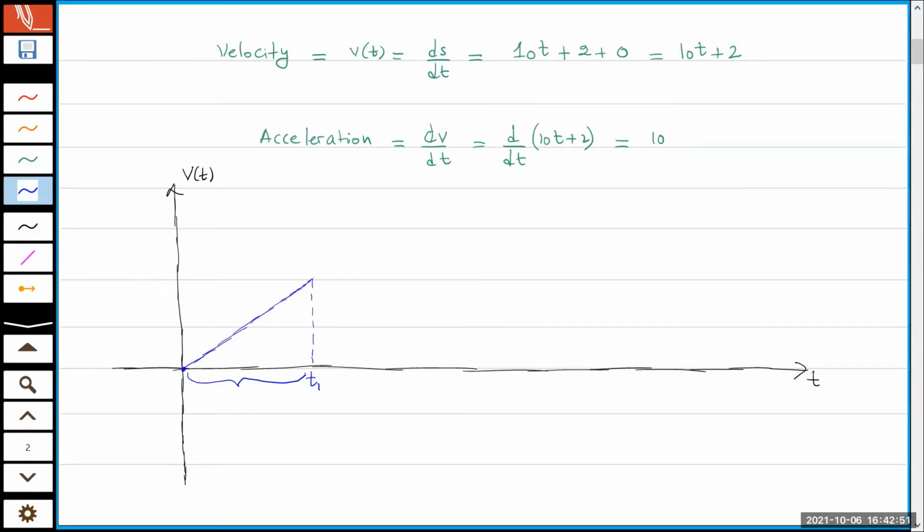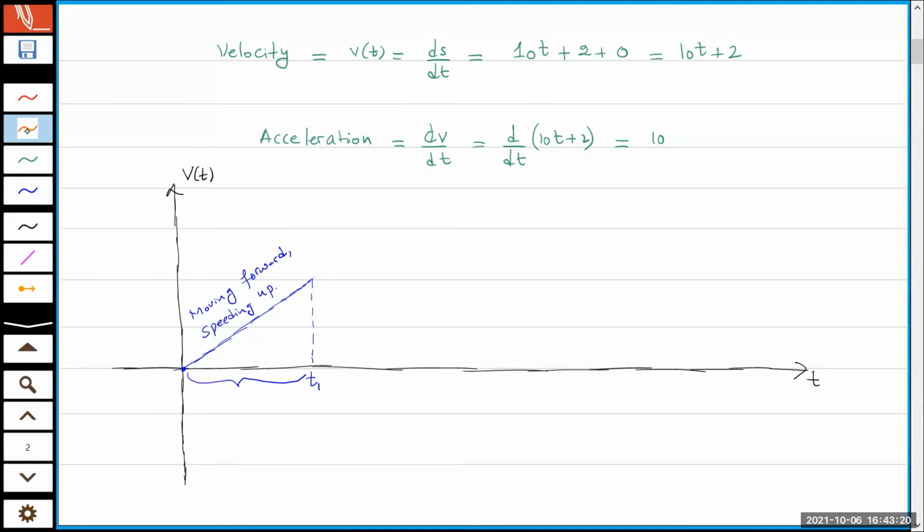So I can say for this region, I am moving forward because my velocity is positive. And because my velocity is always increasing, I can say that its absolute value is getting bigger, which means my speed is increasing, and I am speeding up as well. Velocity is getting bigger, and it is always positive.